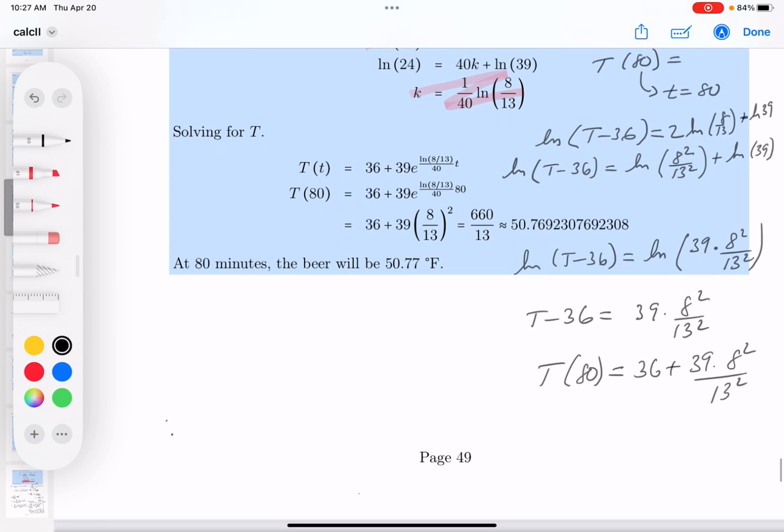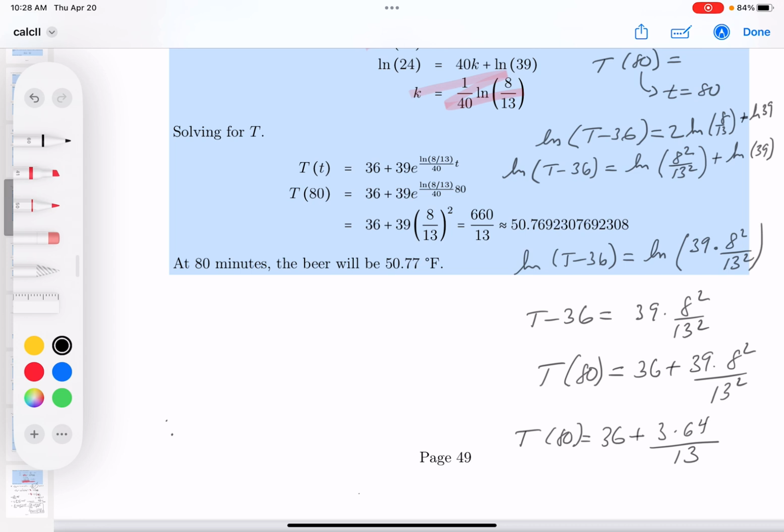So T at 80 is going to be 36 plus, I don't mind using a calculator, but I want to write down, it's really not bad to write it down. And the reason for that is, 13 goes into 39 3 times. So you get 3 times 8 squared is 64. And I get 13 in the bottom. All right? Now granted, I'm going to call it quits there and take the calculator out now because I don't really feel like dividing by 13. Although it's doable.